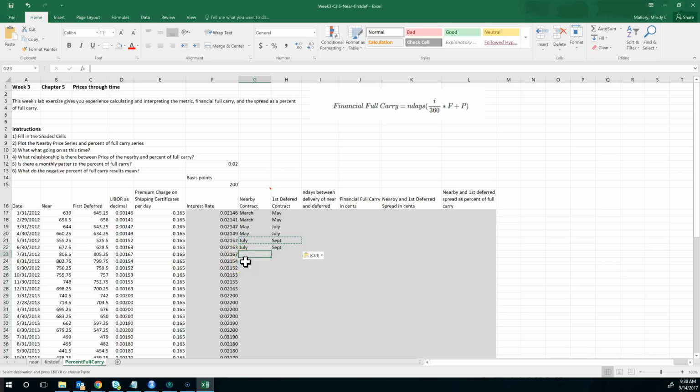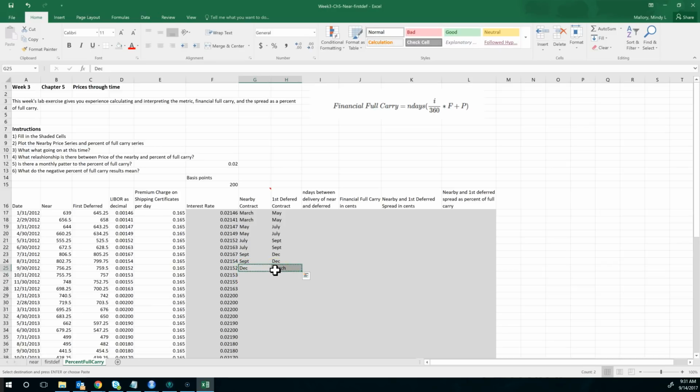And on July 31st, July has expired, September is nearby, and December is first deferred. Okay, it's true there. Now on September 30th, December has become the nearby, and March of the next year will be the first deferred.